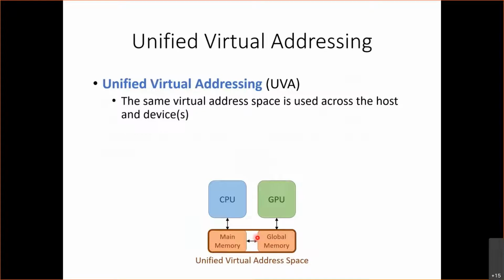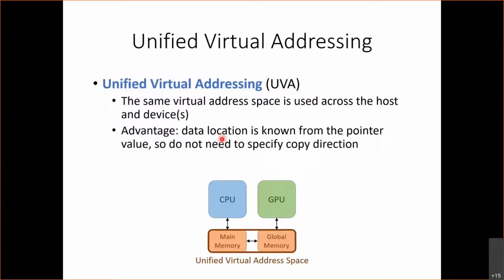Well, the advantage is that when I know that the CPU is going to use a separate virtual address range from the GPU, then I know I can tell where a pointer points to, whether it points to CPU memory or GPU memory, from the value of the pointer itself. Okay, so the data location is known from the pointer value.